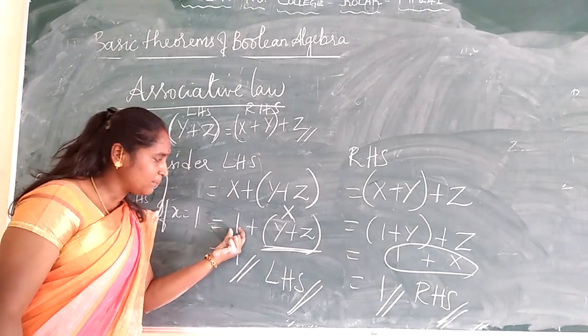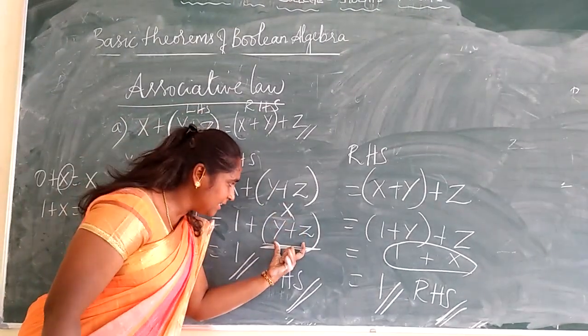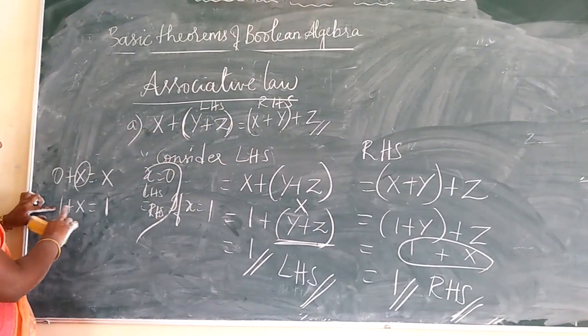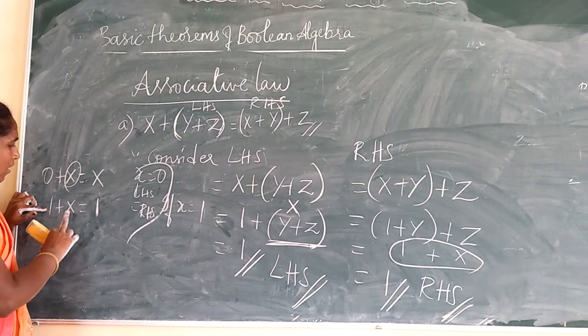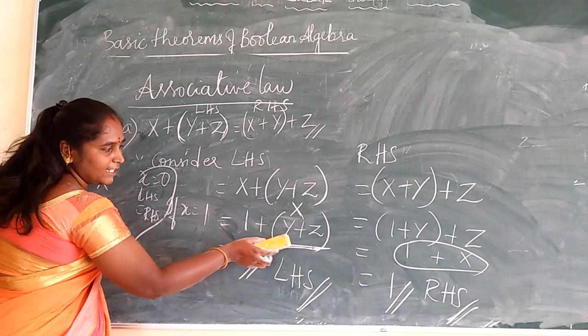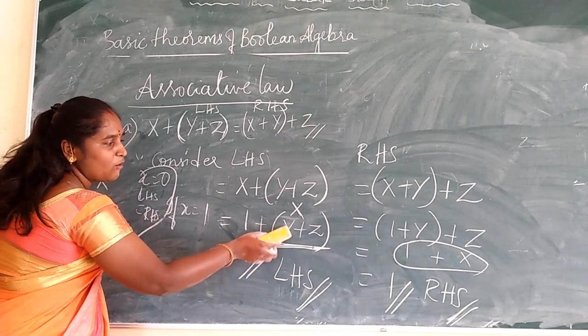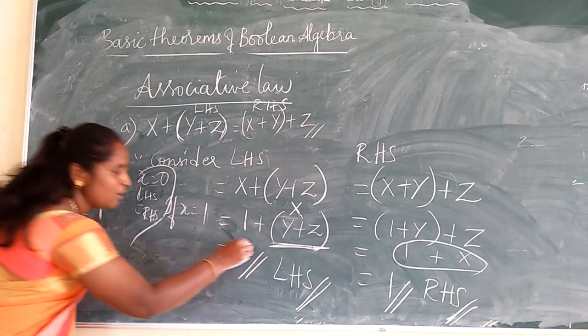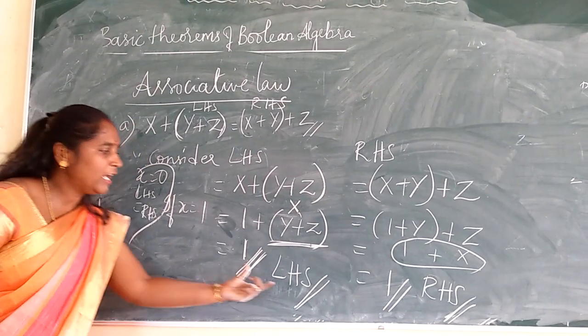In place of x you substitute 1, and y plus z stays as it is. You go for the properties of zeros and ones. This is the form 1 plus x equals 1, where x stands for y plus z. Consider y plus z as x. 1 plus x equals 1. So this is 1 for your LHS.